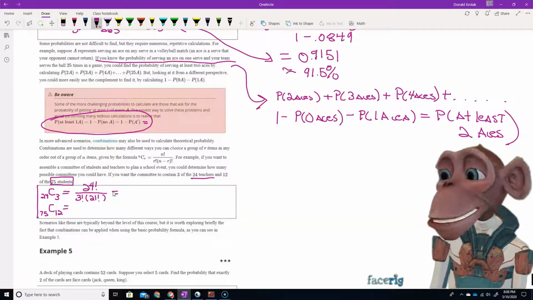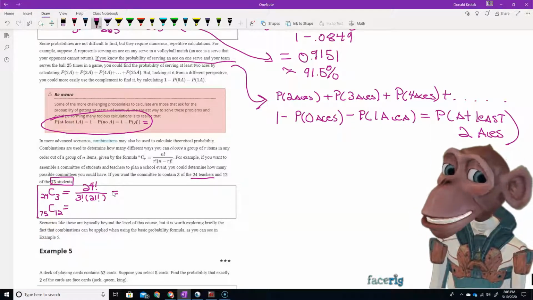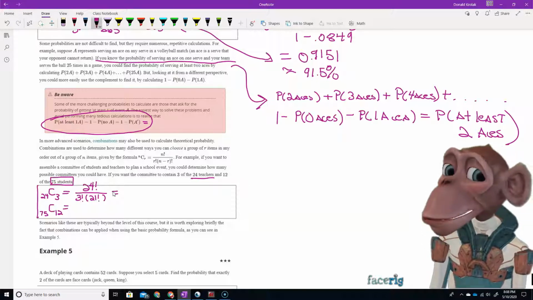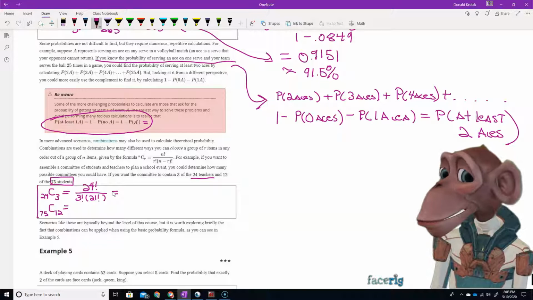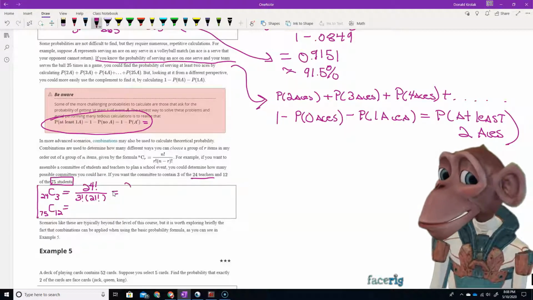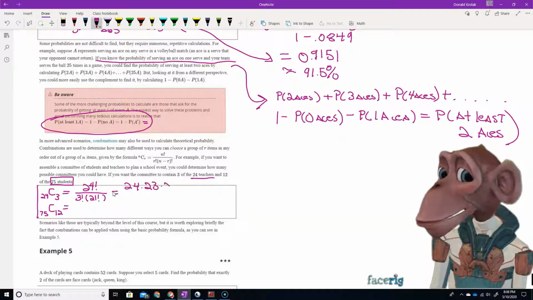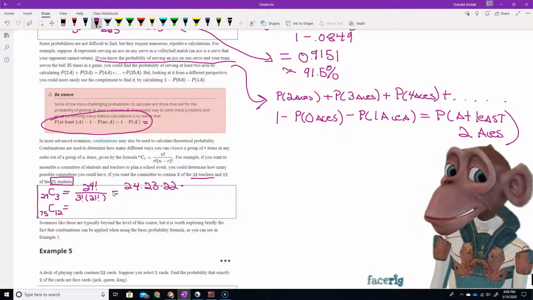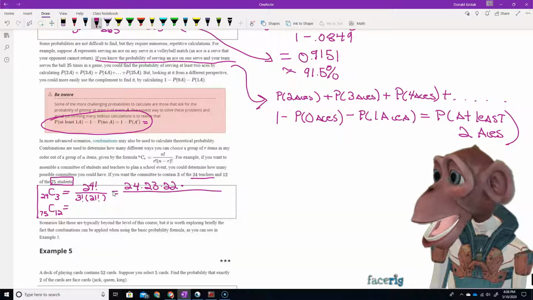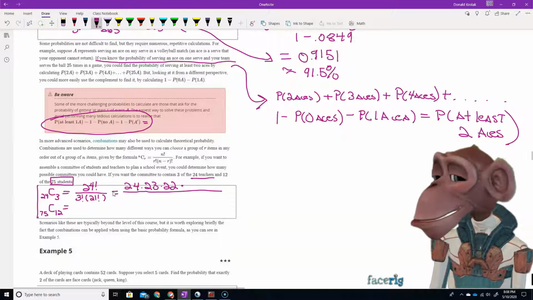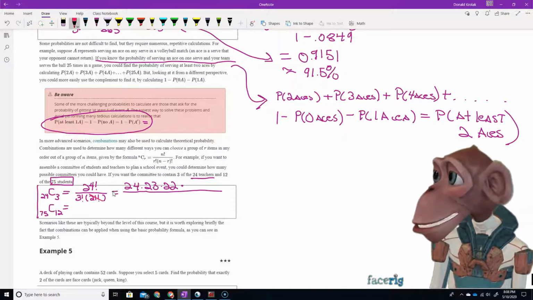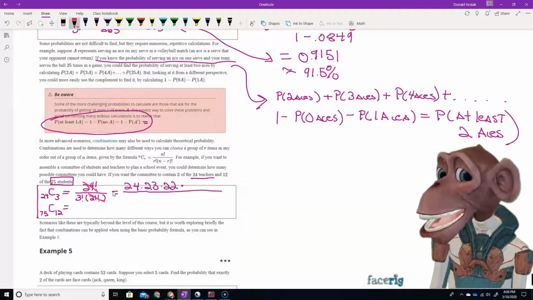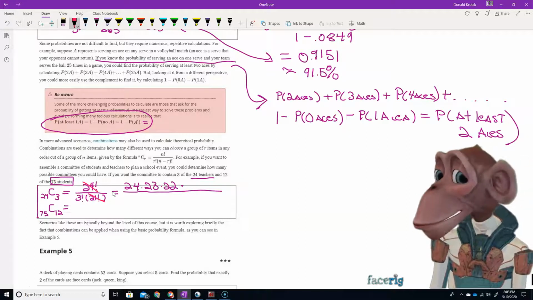So if I substitute this into my combination formula and now do the arithmetic, remember, 24 factorial is 24 times 23 times 22 times 21 times 20, etc. Everything 21 or lower would get canceled out by this 21 factorial, so that's all I'd be left with in the numerator.